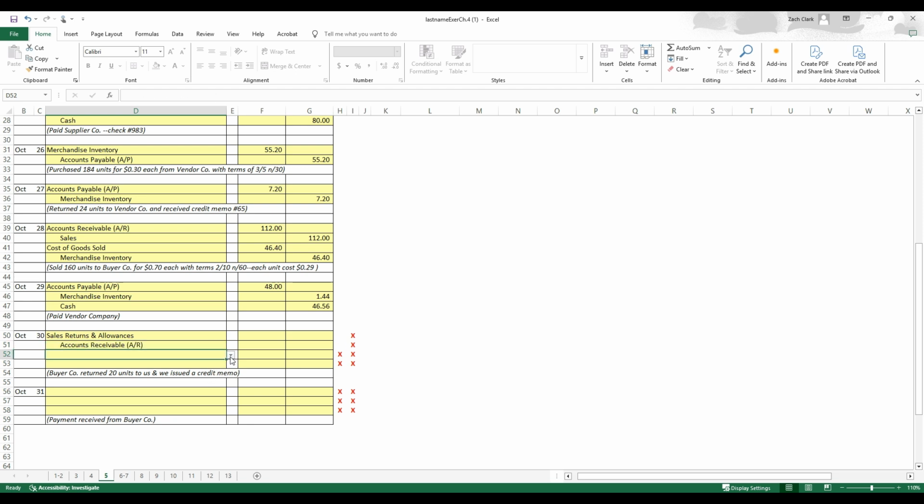So accounts receivable goes down, merchandise inventory goes up as we're getting the inventory back, and then cost of goods sold goes down because it is no longer sold, basically. And they returned 20 units, so the sales piece was 0.7 each, so $14, and then the cost was 29 cents each. That's just from the explanation here, times the 20 units.